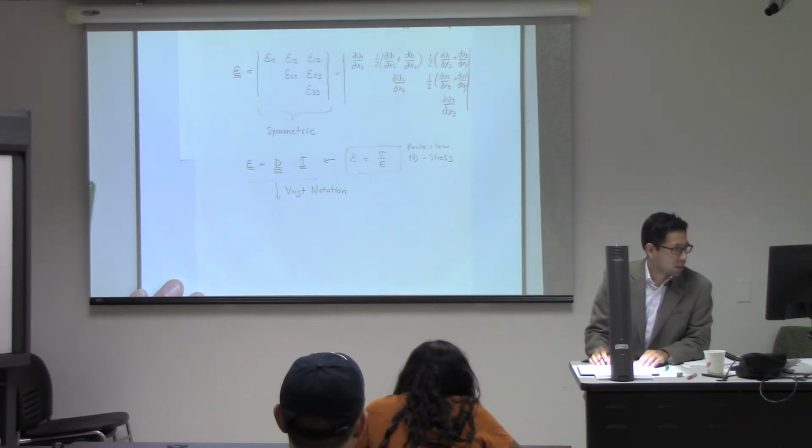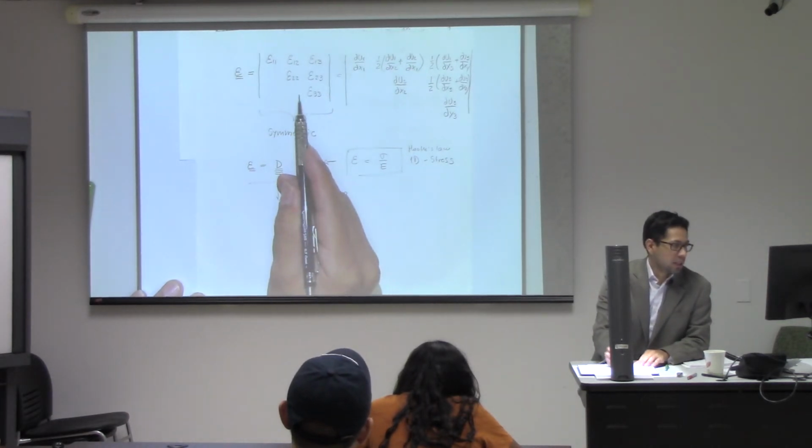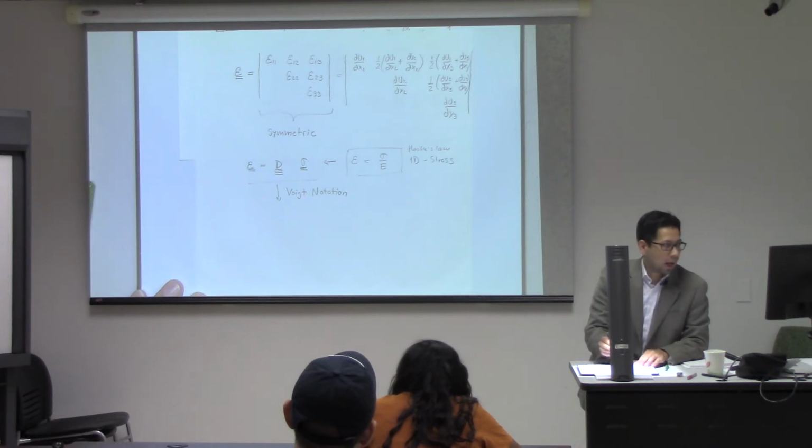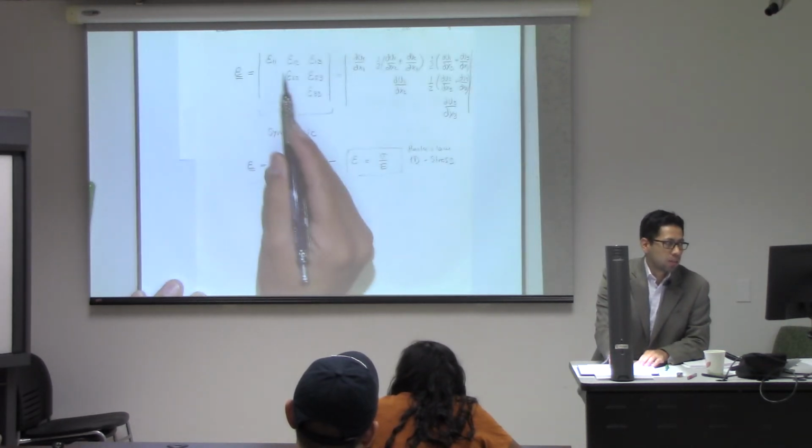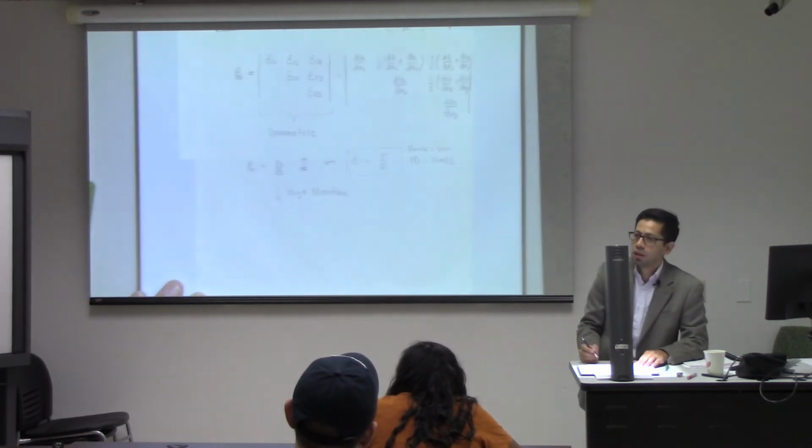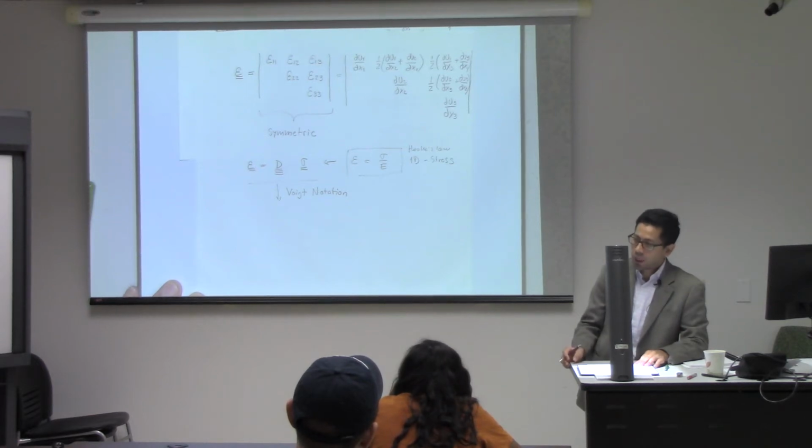The concept is that this strain tensor over here, I know that there are 9 components, but there are just 6 which are independent. And because there are just 6, I'm just going to write 6. And instead of writing it as a matrix, I'm going to write it as a vector.